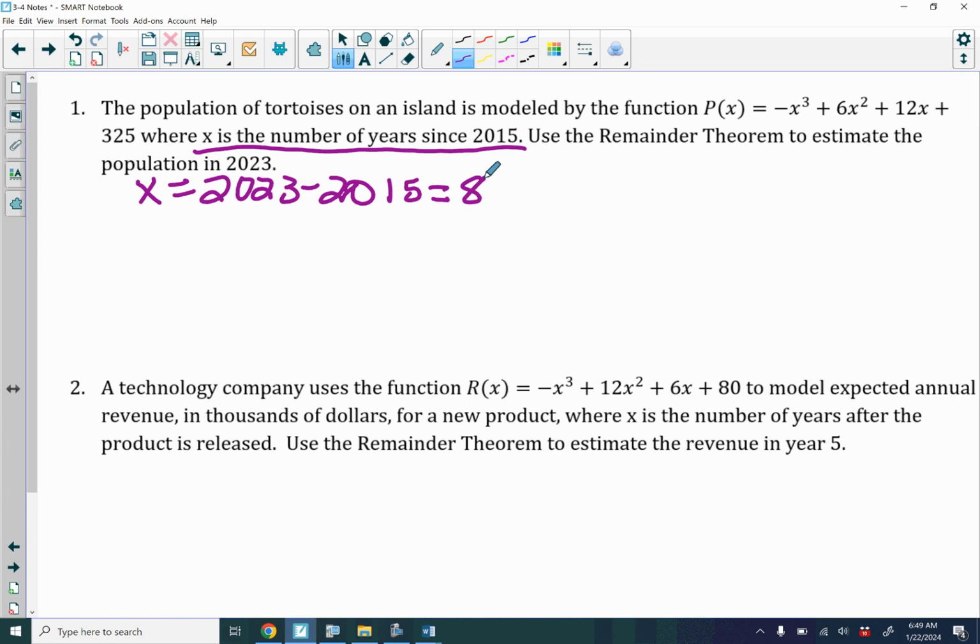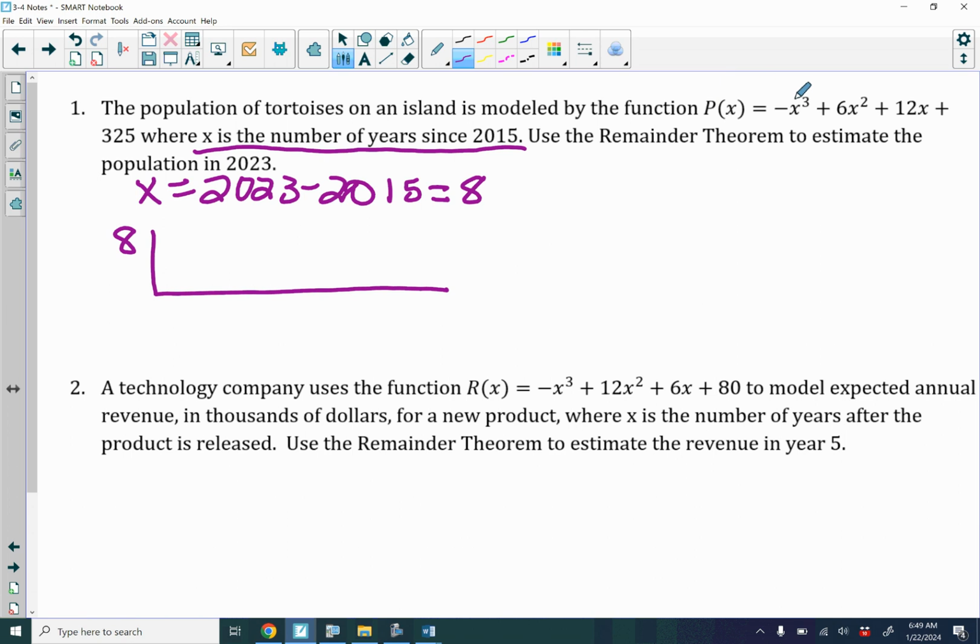Now, using the remainder theorem, you can use either synthetic division or direct substitution. It's up to you. But I want to keep us practicing synthetic division so we get really good with that. So I'm going to use 8 on the outside. Then I use the coefficients from my p of x polynomial.